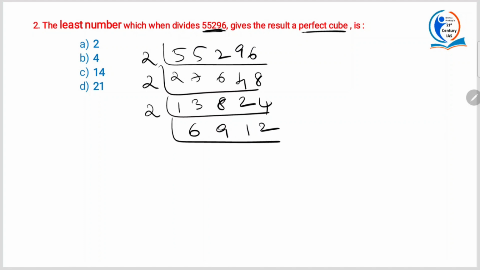Now here you can take 3. Why? Because this number is divisible by 3, because the sum of the digits is divisible by 3. Then this is also divisible by 3.